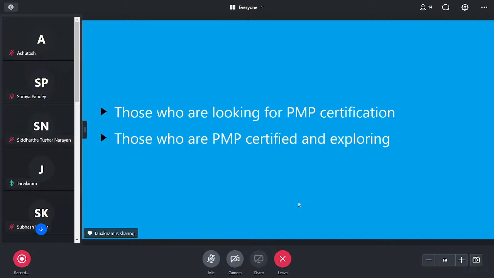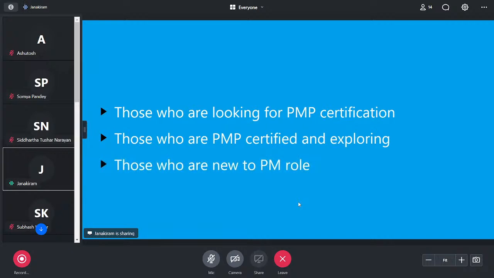And every new edition that PMI brings, the best practices come along with it. So it will be useful for existing PMP certified professionals as well. And in case you are new to the PM role and you are exploring what it takes to be a successful project manager, this edition will still be very useful for you.